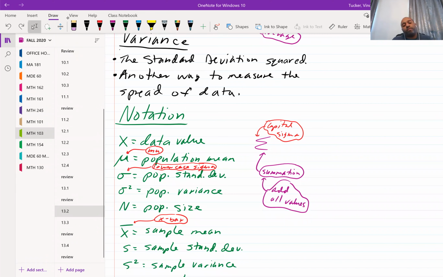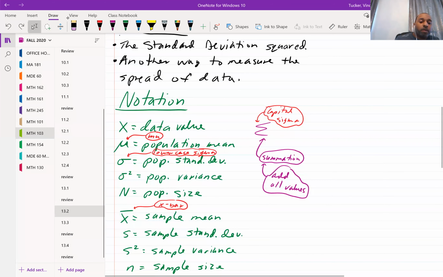Lowercase s is your sample standard deviation, s squared is your sample variance, and lowercase n is your sample size. All right. Any problems?